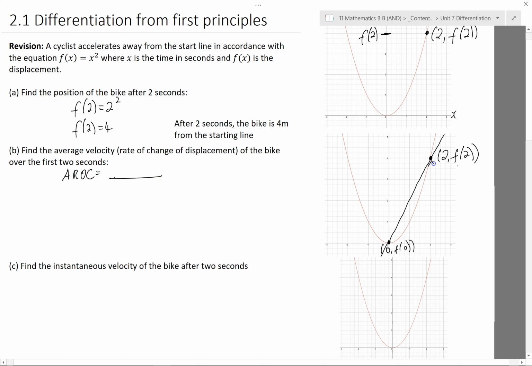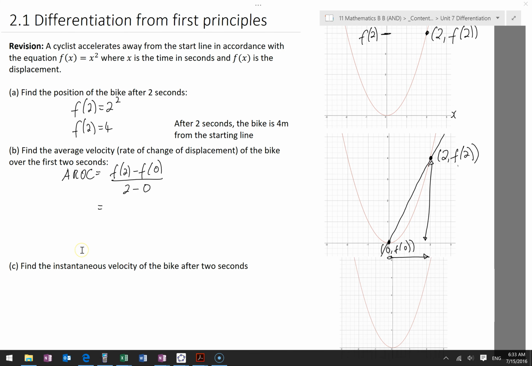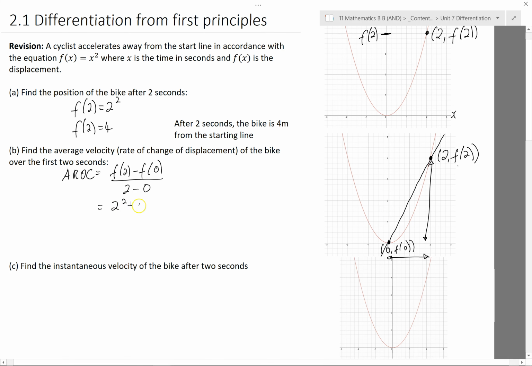What's this difference in height? Well, it's f of 2 minus f of 0. And what's this difference, the horizontal distance? It's 2 minus 0. So I can substitute 2 into my function. f of 2 is 2 squared, f of 0 is 0 squared, on 2 minus 0, so I've got 4 minus 0 on 2.